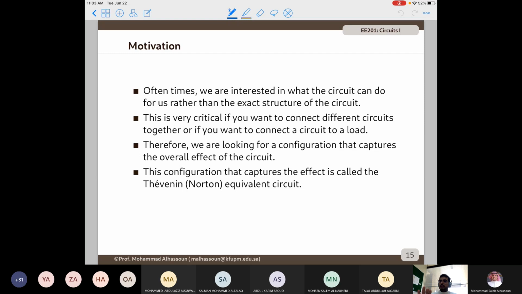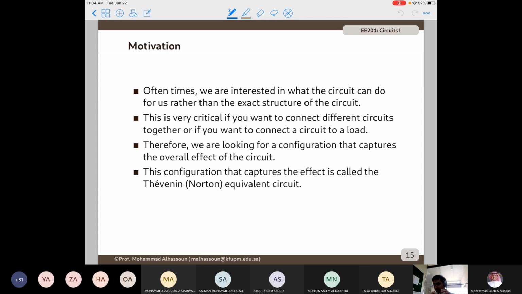So you want to connect this circuit. That circuit is going to, say, filter some of the noise in the speech signal that you're trying to process. Then next to it, you will get a circuit that's going to magnify that voice or that sound that you receive. So you have multiple circuits, and you want to connect them all together.